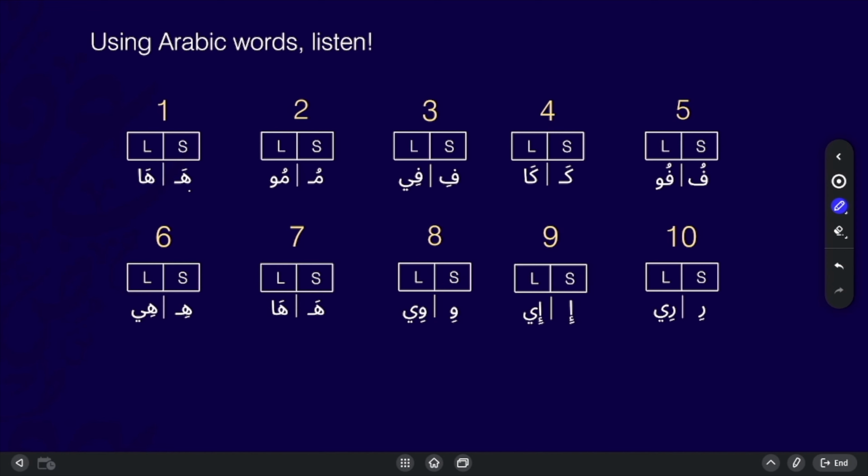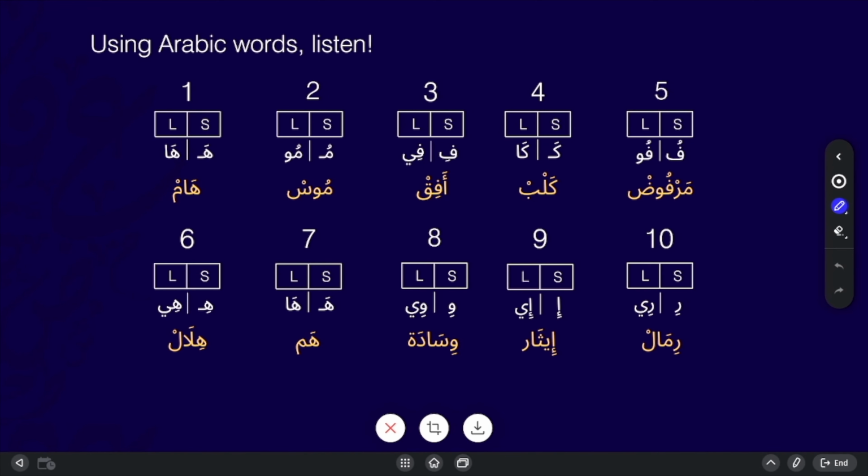Can you make it any shorter? 9, the word is ithar. Listen to the sound. Is it short e or long e? 10, we're looking for the sound ra, and the word is rimal.